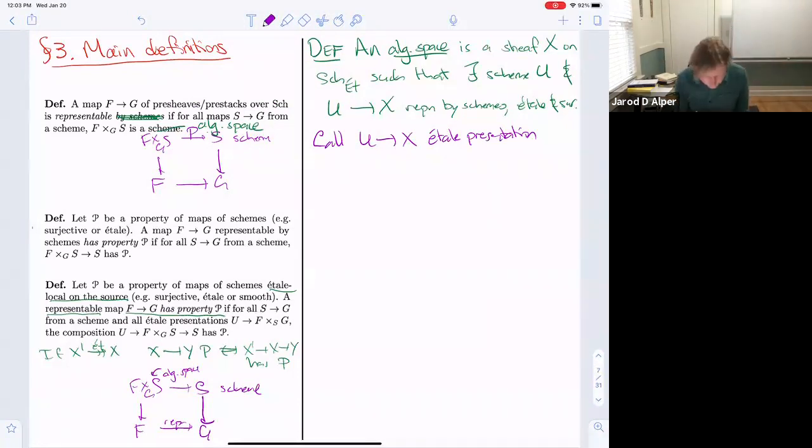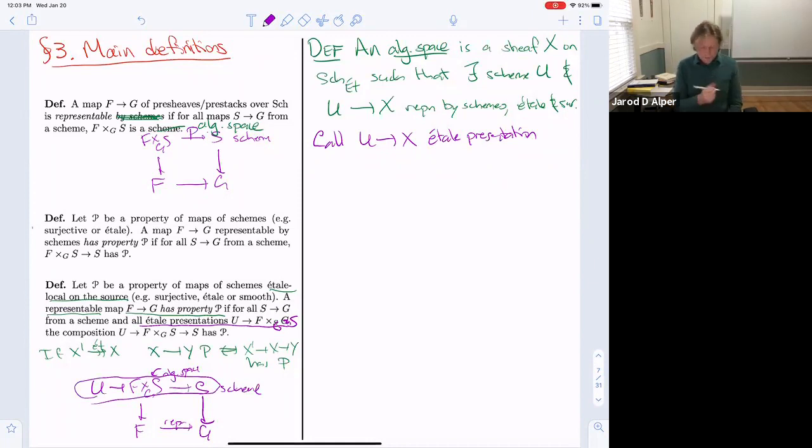And therefore you can choose any étale presentation of it, say U. Then you want the composition here to have that property.